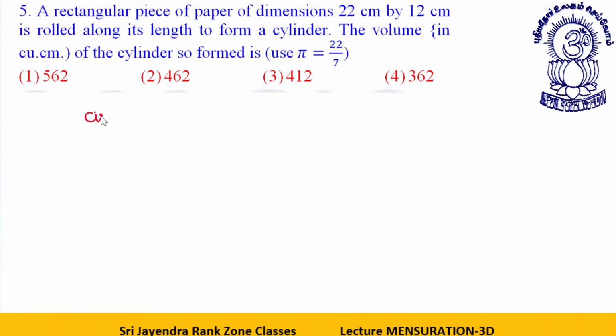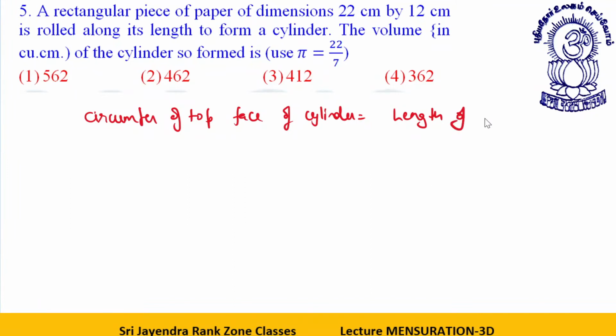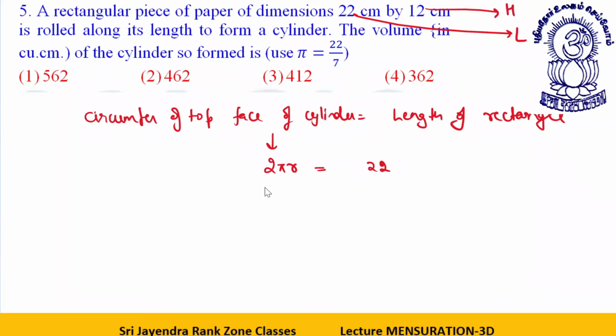First of all, the circumference of the top face of the cylinder is actually the length of the rectangle. So the circumference will be 2 pi r, equal to 22. Here this is the length and this 12 is the height. So 2r into 22 by 7 is equal to 22. So r is equal to 7 by 2.